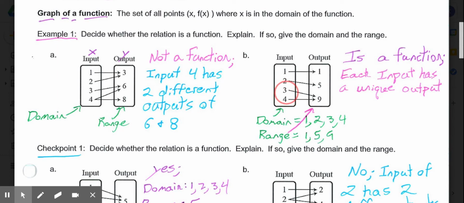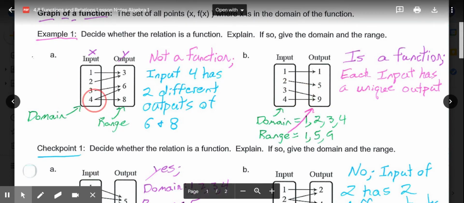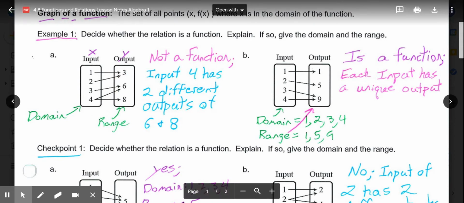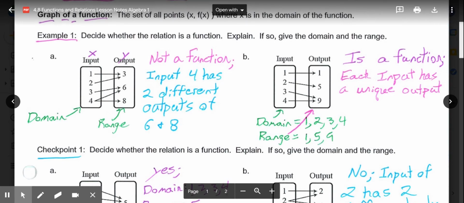It's okay for two inputs to share an output, but one input, such as 4, may not have two outputs, like 6 and 8. That would not be a function. So to be a function, each input has one unique output.